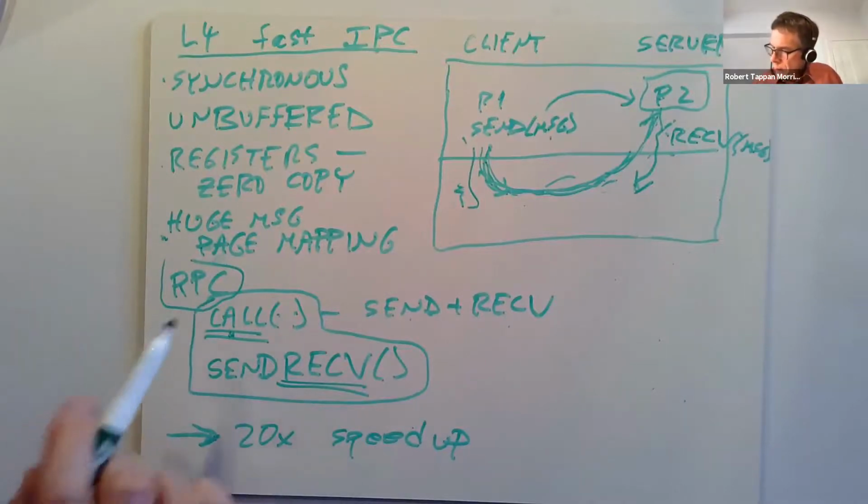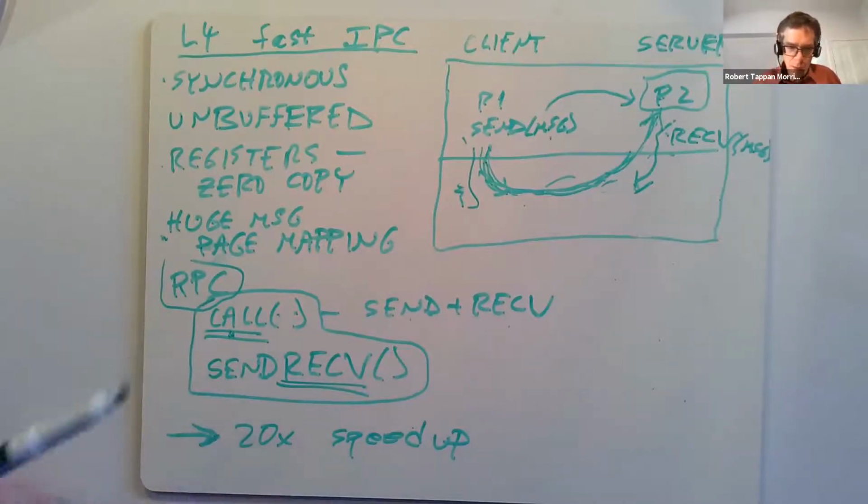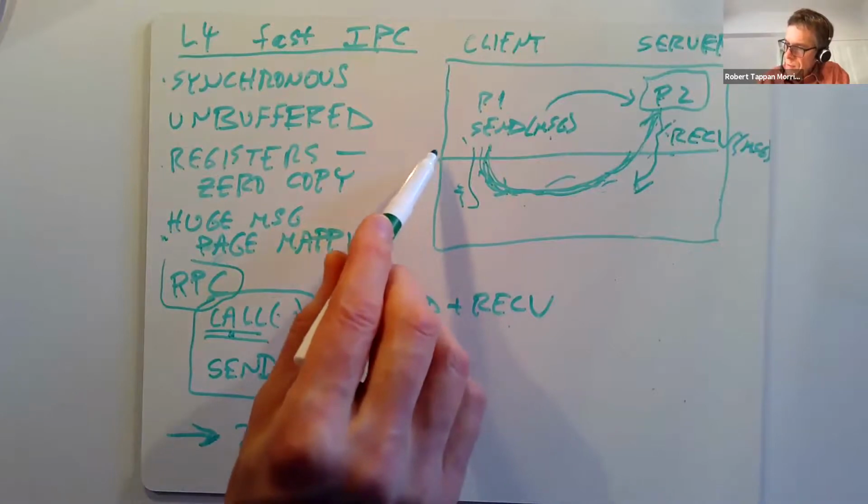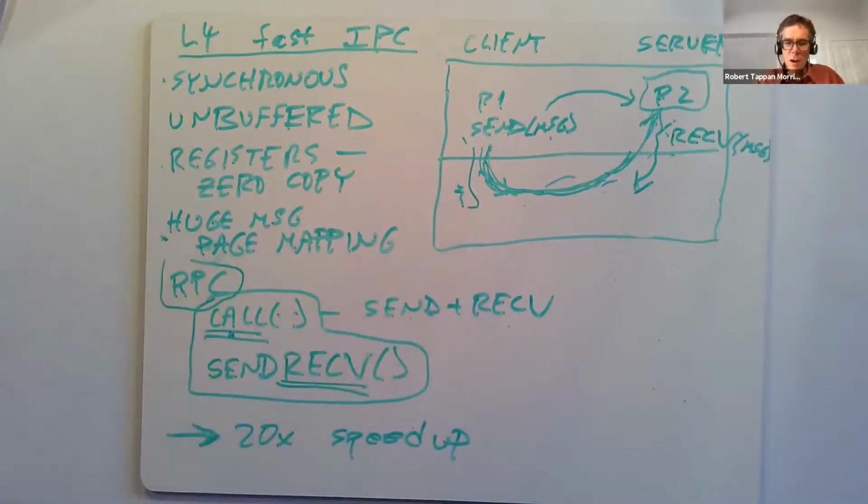So this was a big contribution to people's willingness to take microkernels seriously as potentially a replacement for monolithic kernels. However, you still leave open the question, even if RPC is fast, of where you get the rest of the operating system.